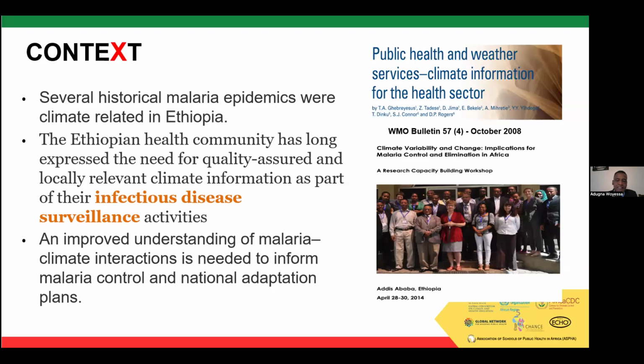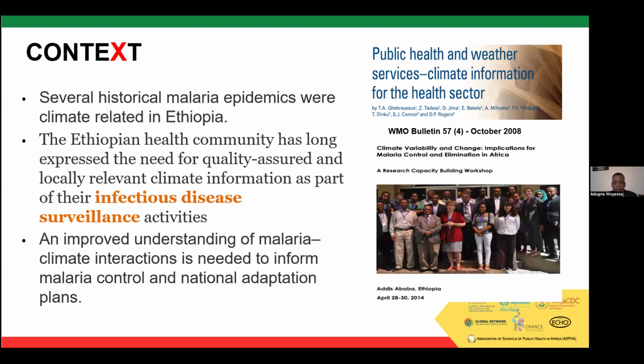They asked themselves, how can we inform policymakers and decision makers how El Nino is going to affect malaria transmission in Ethiopia? Because 2014 was forecasted to be an El Nino year, and we were not sure how to tell the malaria program how this forecast is going to affect malaria.